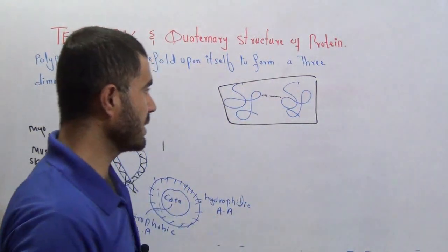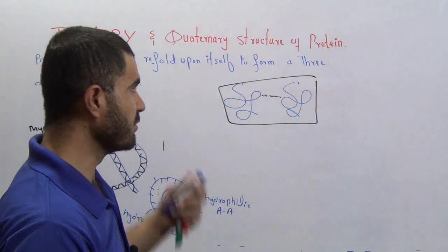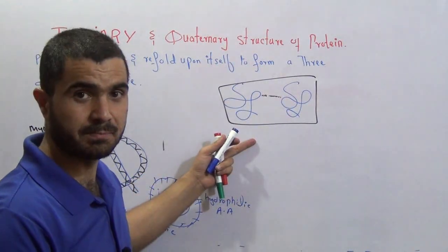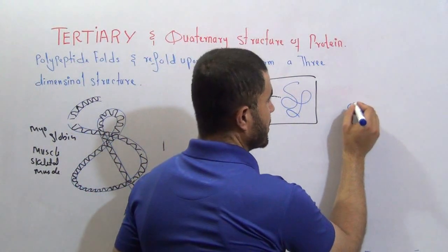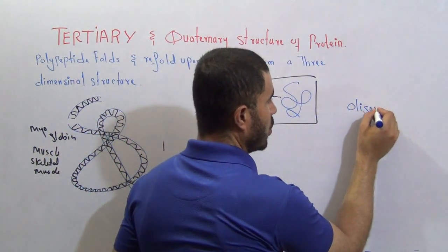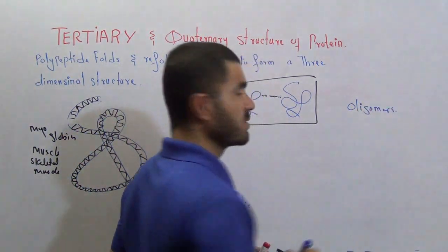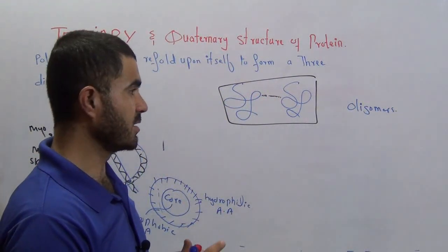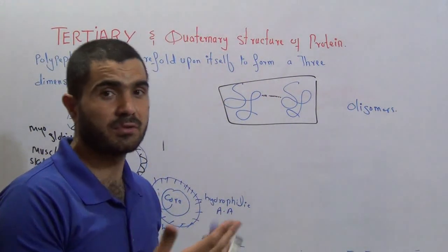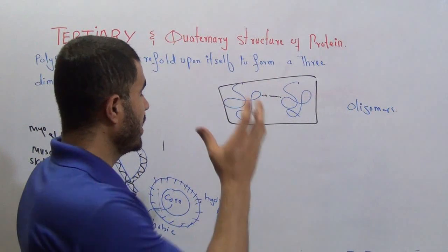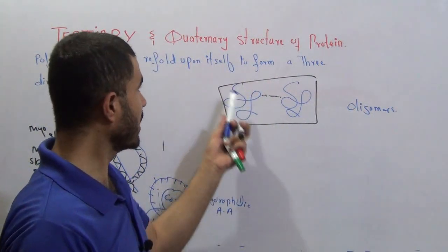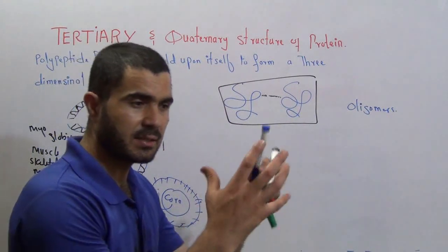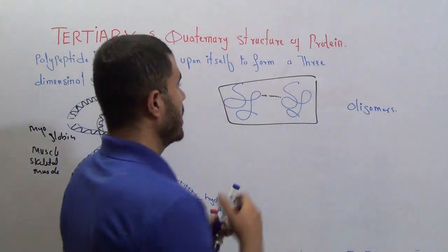And do you know what name we give to this kind of protein? We give the name oligomers. Just like we give the name motif to the supersecondary structure, we give the name oligomers to the protein in which tertiary structures are combined.